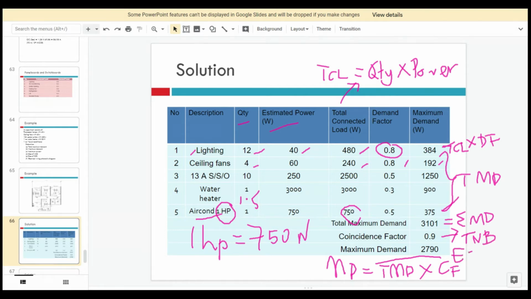You know what ESA is, right? Electricity Supply Application Handbook, TNB. If you look at the TNB ESA, for residential, TNB uses 0.9. So in our calculation, you have to use 0.9. So you get maximum demand for this house of around 2,790, so near to 3 kilowatt.